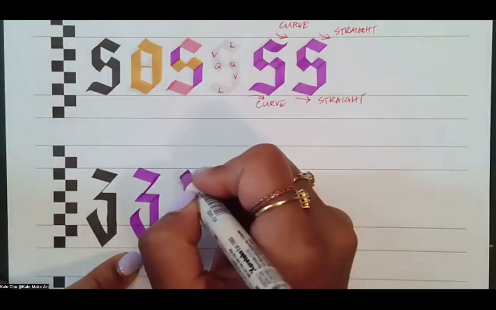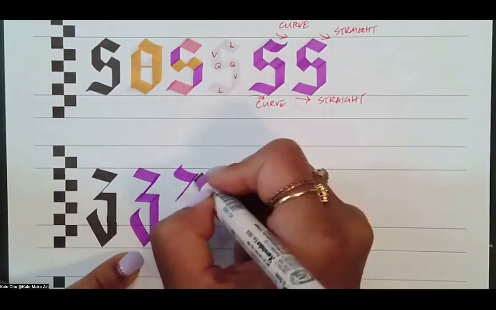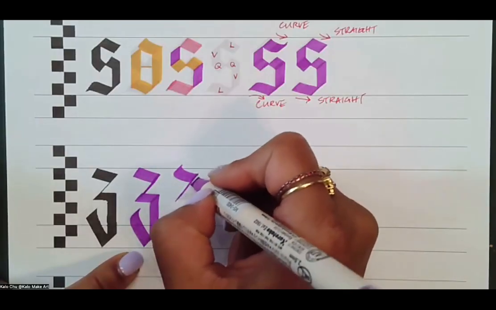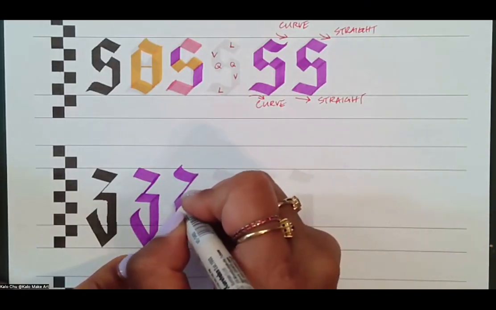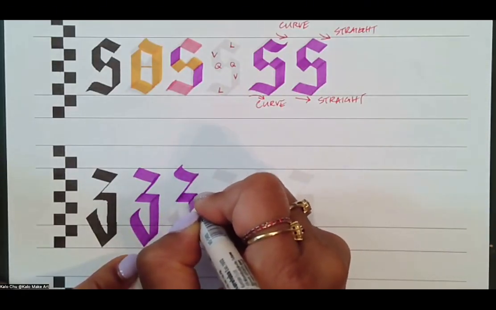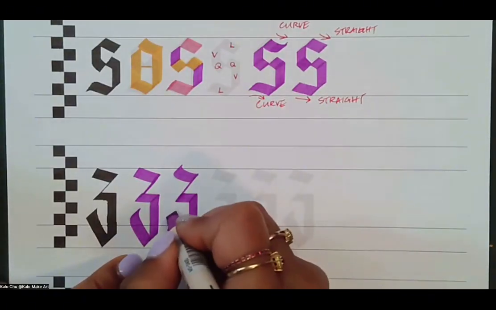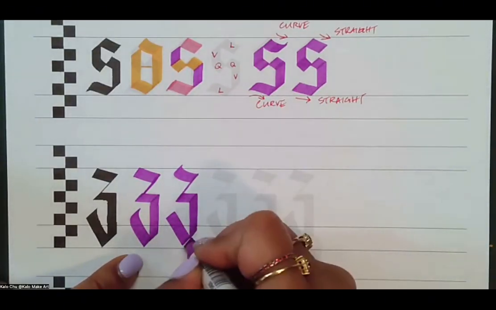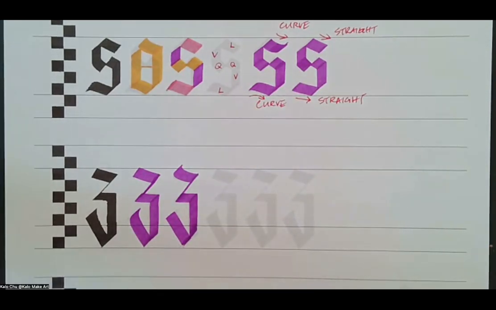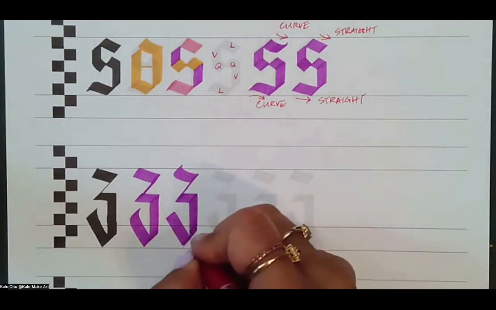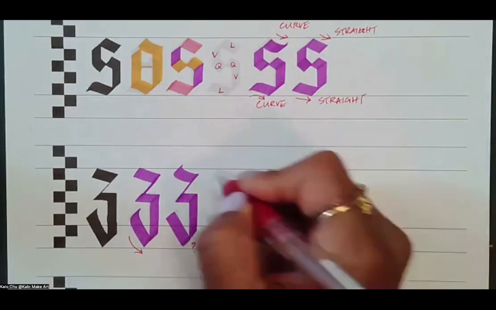Now, you can also have a curve here and a vertical. So the whole nib is touching the paper, just move it vertically at 45 degrees into a horizontal and a straight like that. You can do a complete vertical, that's okay, as in straight, but it looks a bit weird, right? It does look a little bit, for me, not very beautiful. I like it to have a curve.